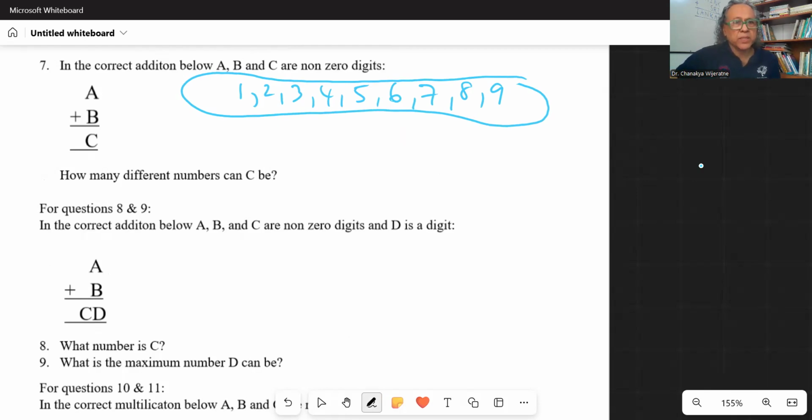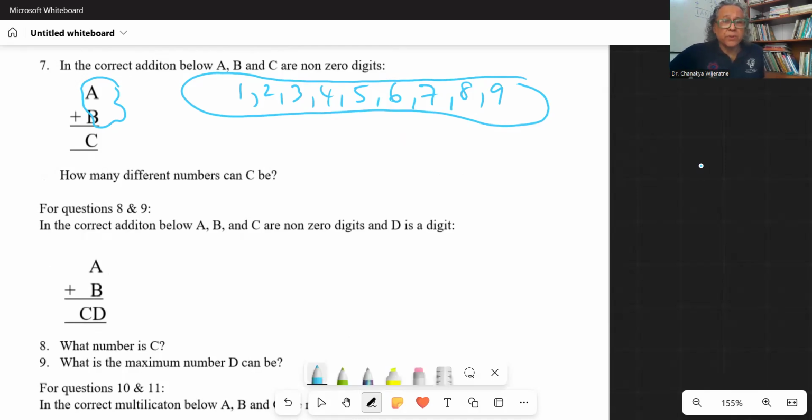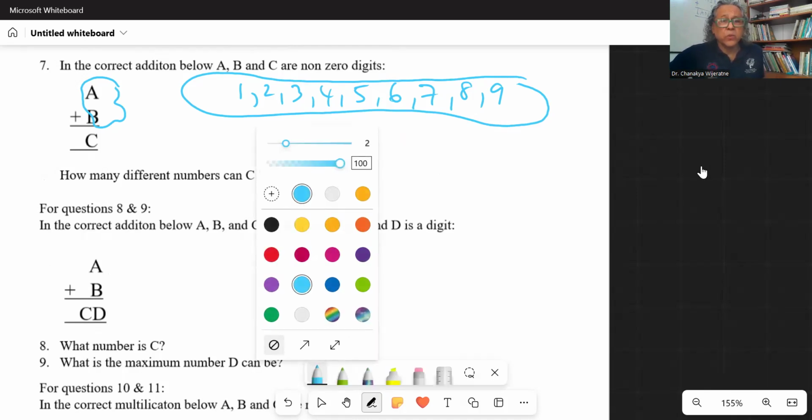So A plus B, the sum of these two. Since the smallest value A can represent is 1, and also B is 1, 1 plus 1 is 2. So we see that it can't be 1, right?